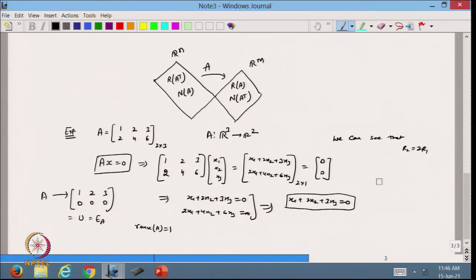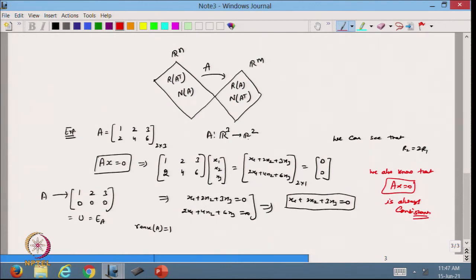Now, one thing is true: we know that the system Ax equal to 0 is always consistent. Why is it always consistent?